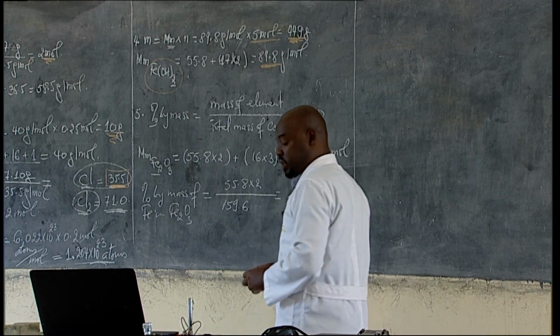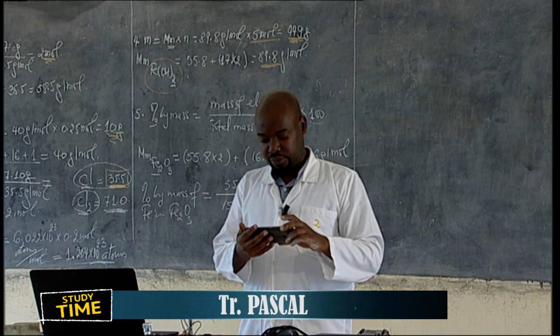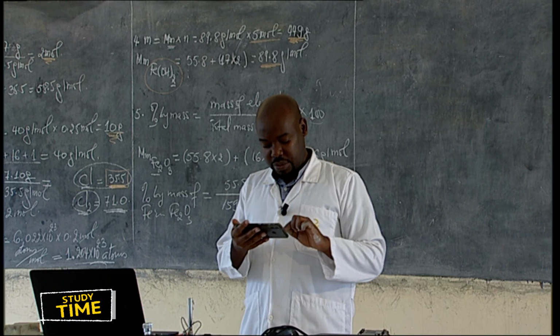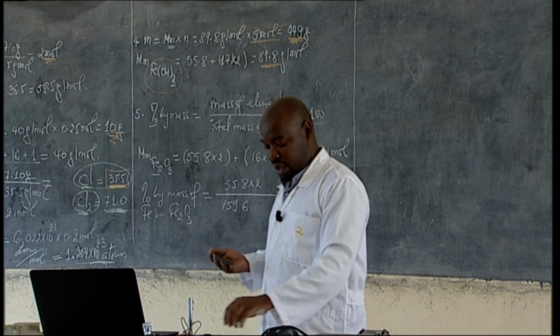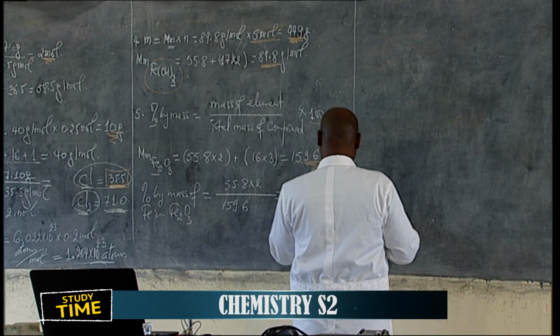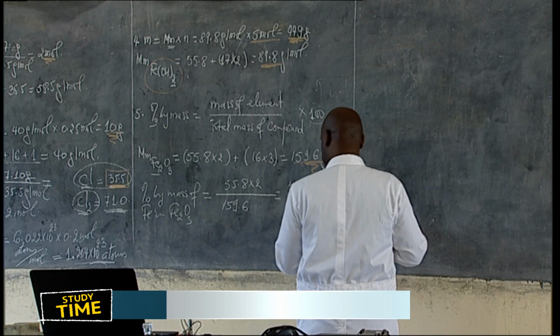And what we get here will be 55.8 times 2, that is 111.6 over 159.6.